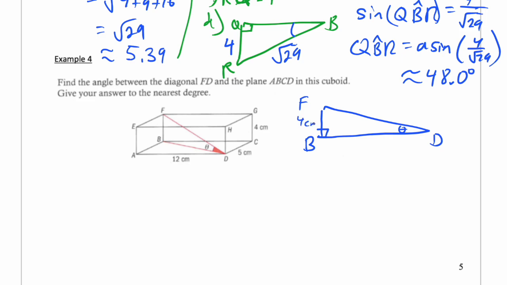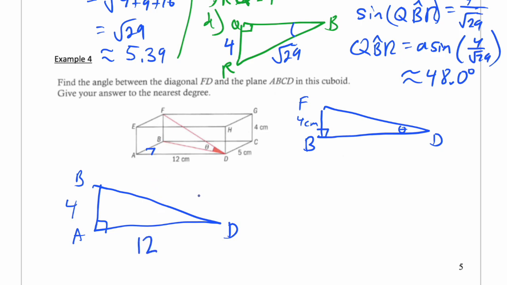So we know one side, but we're going to have to do some calculations to get BD. Okay, BD is down here on the bottom rectangle. So we can actually draw triangle ABD. There's a right angle here at A, and this is 4, and this is 12. So we can figure out BD using Pythagorean theorem.